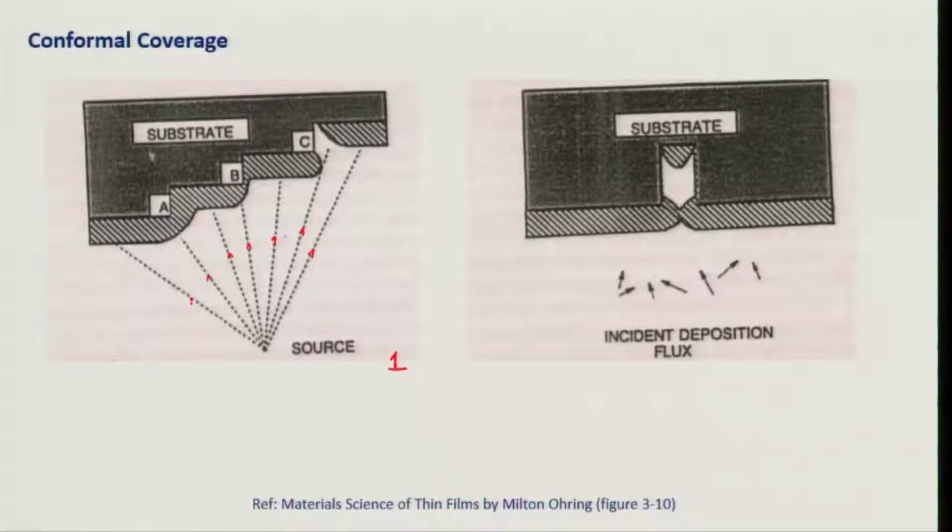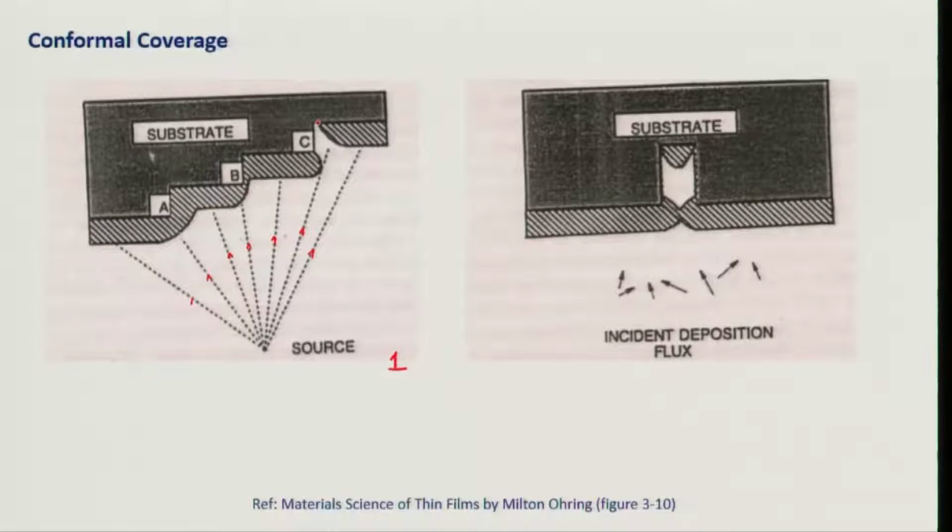This corner is exposed to the line of travel of these atoms and molecules, so this corner gets filled, or material is deposited in this corner as the film gets deposited on this ledge A, B and C.